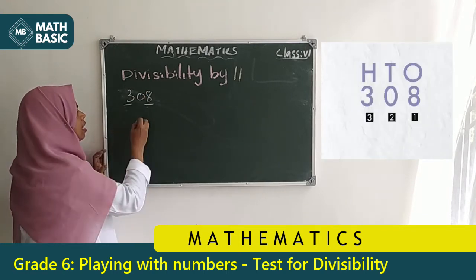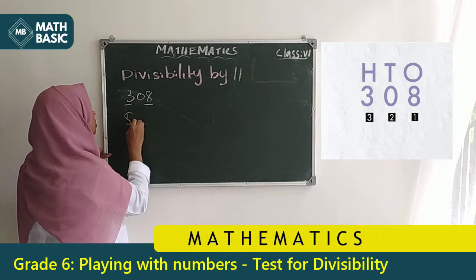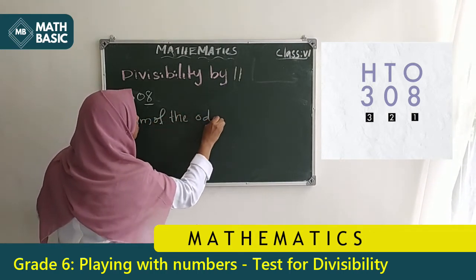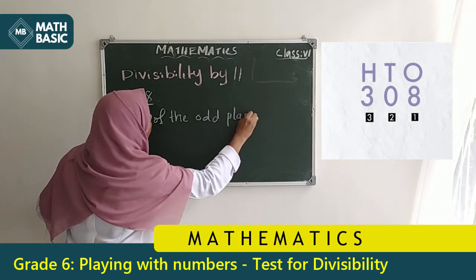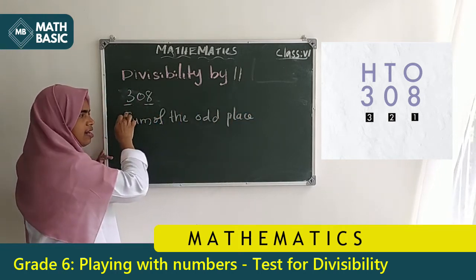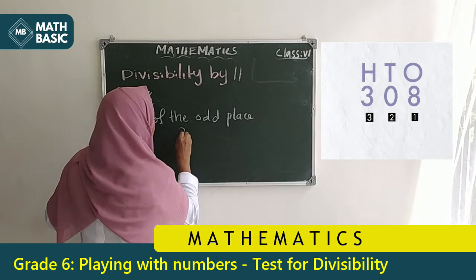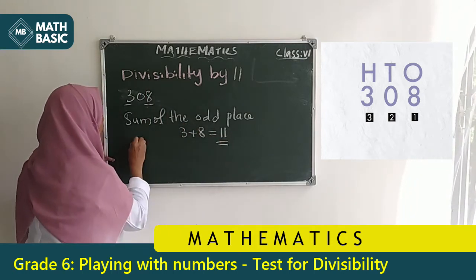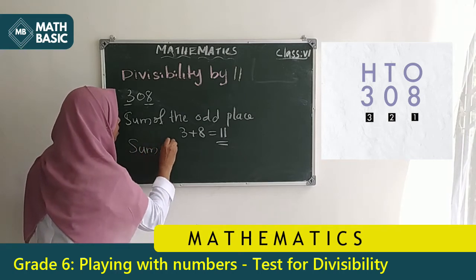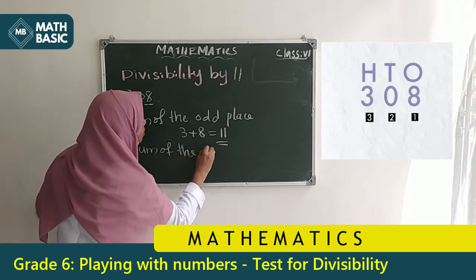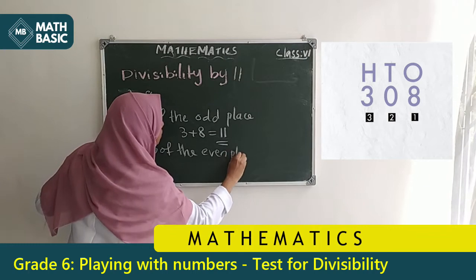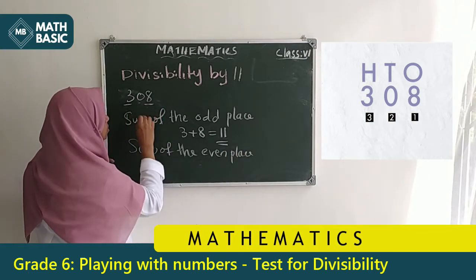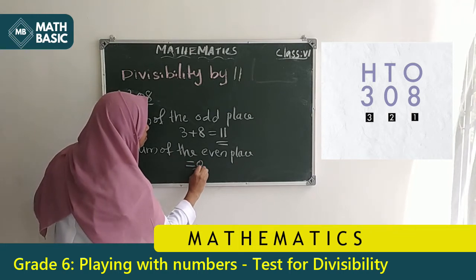Sum of the odd place numbers. Odd place numbers means ones and hundreds. So, what is 3 plus 8? That is 11. Then, sum of the even place numbers. Sum of the even place means only 0 here. So, 0.